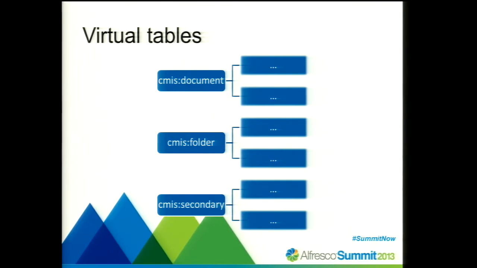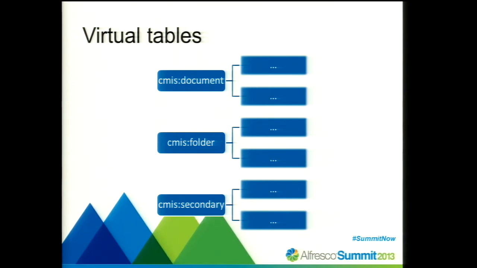In terms of which types you can select in your CMIS query, you can do CMIS document, CMIS folder, and CMIS secondary types for those of you who've moved on to CMIS 1.1. We do not do the extra things, CMIS item, CMIS policy, and CMIS relationship. CMIS item would be very useful, but we're not yet there, so you can expect that one to appear.